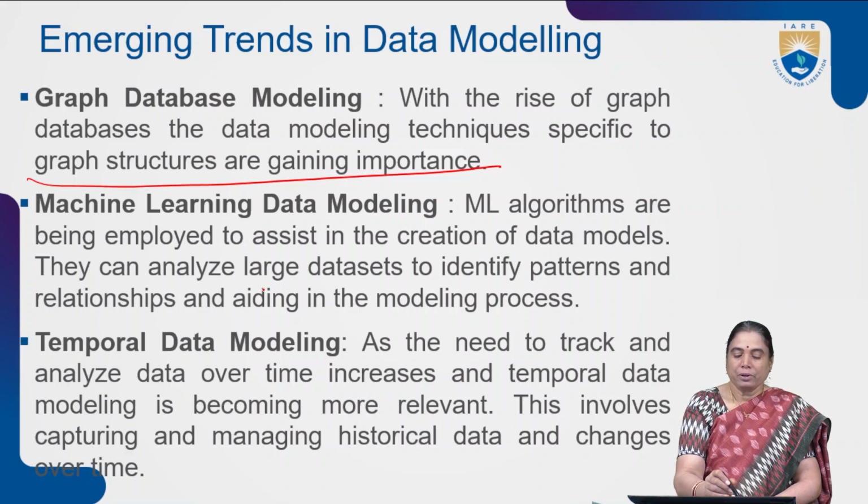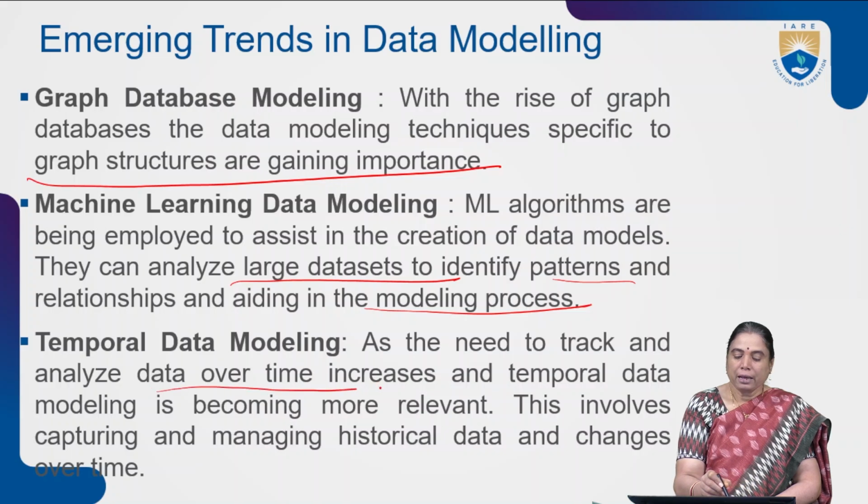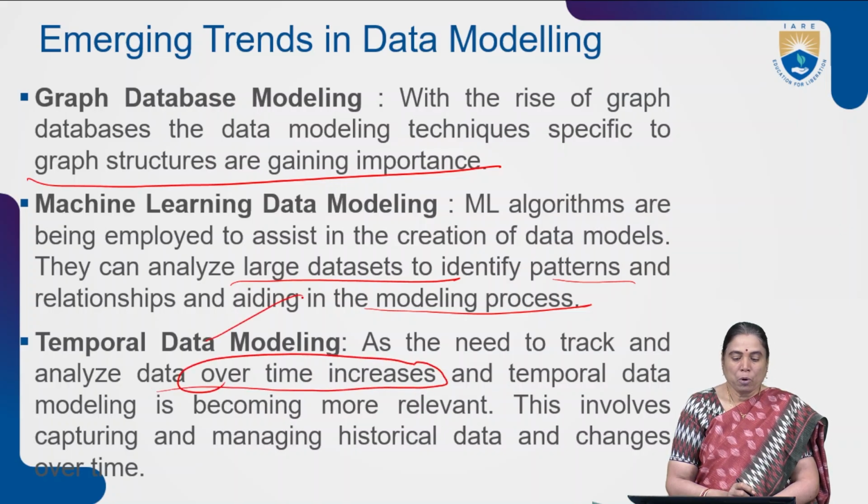They can analyze large data sets in order to identify the patterns and relationships, aiding in the modeling process. And temporal data modeling, as the need to track and analyze data over time increases, is becoming more relevant, and it involves capturing and managing historical data and how that data changes over time.